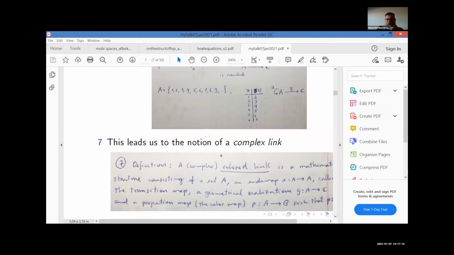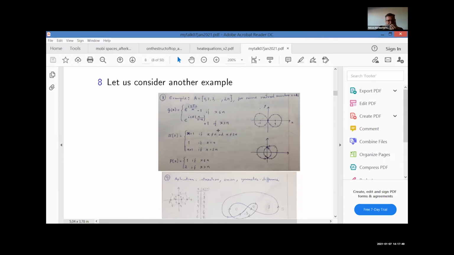So complex link, or colored link, is a mathematical structure consisting of a set A of indexes, an endomap alpha, which is a map from A to A, called the transition map, and a geometrical realization, G, from A into the complex numbers. And we will also allow for a projection map, or a colored map, which will give the extra information of parametrizing each of these connected components.